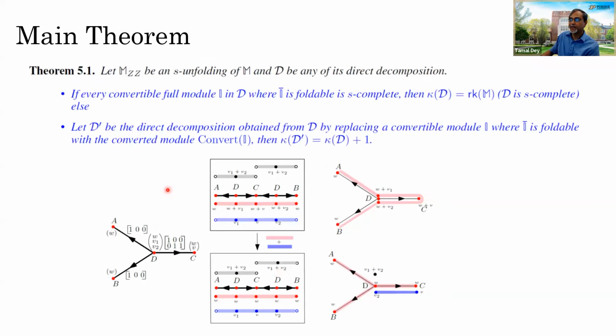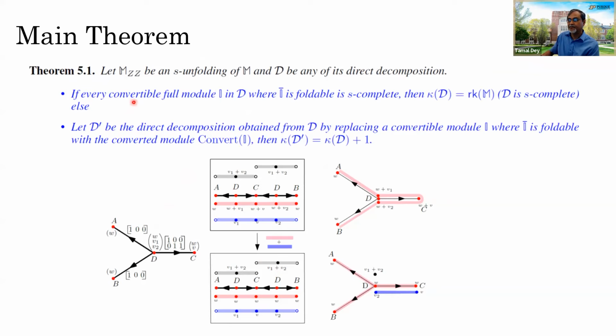Okay, so the main theorem is the following, based on which we have the algorithm. Suppose M_GZ is the unfolded zigzag module of a module M, and D is any of its decompositions, computed by some algorithm for the zigzag module.